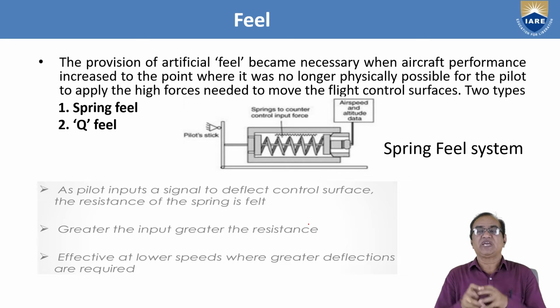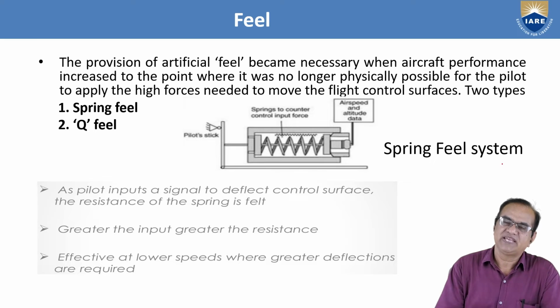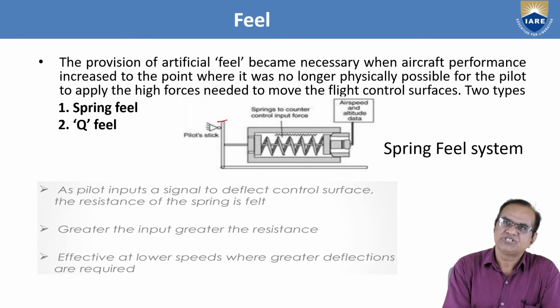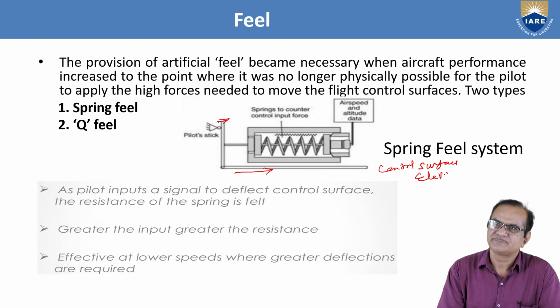In the spring system, the spring gives the feedback of how much control is applied. Okay, so here I am discussing the spring feel system, and here you can see the pilot stick. The pilot will move this stick left or right. As he moves it, it will be transmitted to your control surfaces. For the primary control surfaces, it is the elevator, rudder and ailerons.